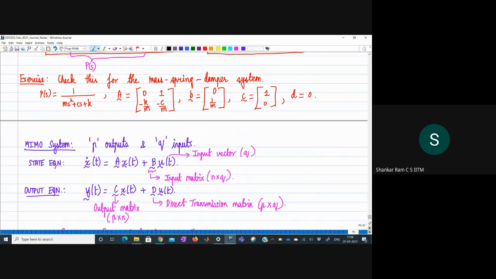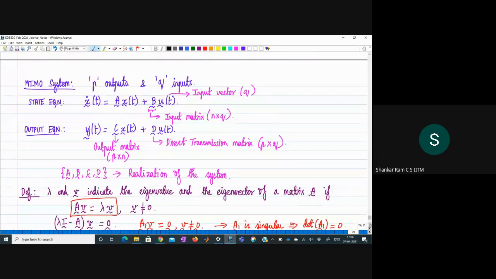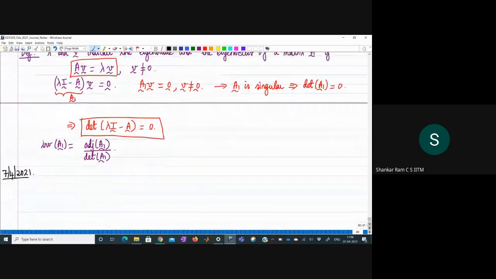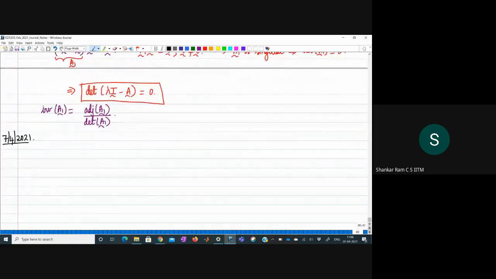So what we will do to begin with today is to check that. Do that problem for a mass spring damper system, so that we can gain some insight from that, and then we will continue the discussion. Okay, so let's do that exercise problem.